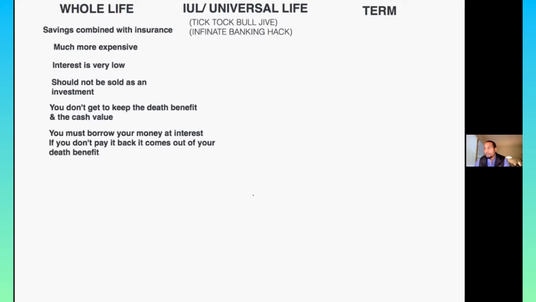The other thing about whole life insurance is that it's permanent. It's referred to as permanent insurance, right? Even though it only lasts till the age of 100 and then it endows. So what does that mean? It means on your 100th birthday, the whole life company will send you a check for whatever your death benefit is, because essentially you've outlived their mortality expectations of you.